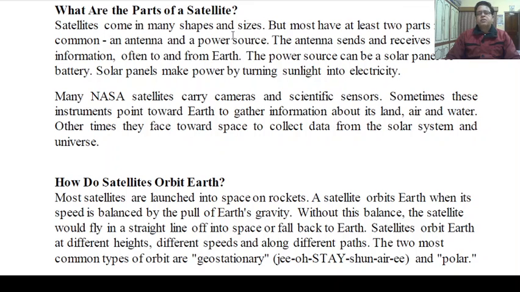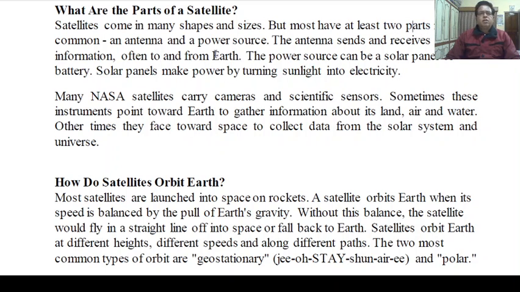You can understand the difference if you compare the articles, because every person has some difference in approach when they write, and by reading different books and articles your knowledge is enriched. Okay, satellites come in many shapes and sizes, but most have at least two parts.